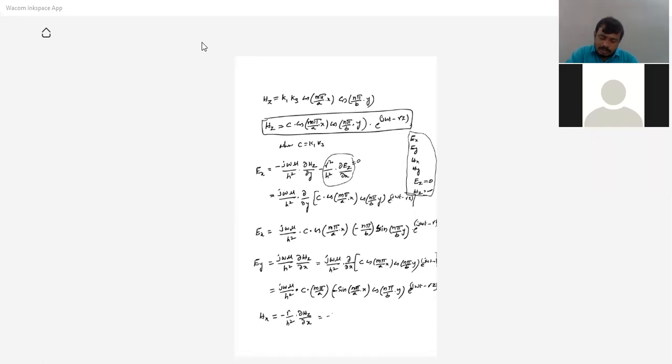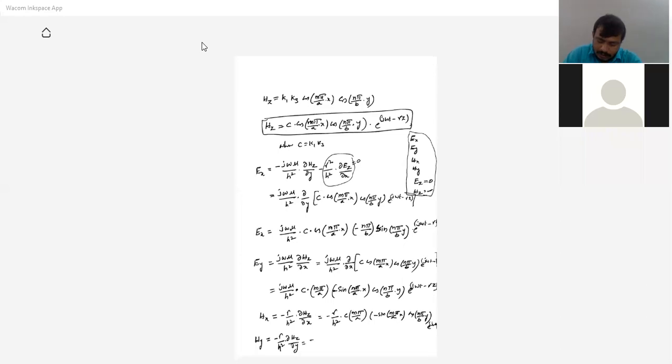So this is minus gamma by h square, c into m pi by a, minus sine of m pi by a into x, cos n pi by b into y, e power j omega t minus gamma z. In the same way, Hy is equal to minus gamma by h square dou Hz by dou y.